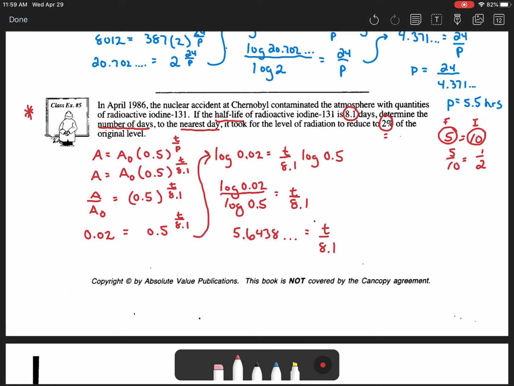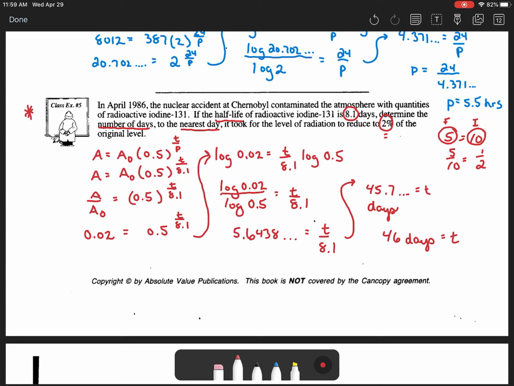And then to isolate T, I'm going to multiply both sides of the equation by 8.1. So that will give me 45.7, etc. equals T. And remember, those are days. Now, they said to the nearest day, so 45.7 to the nearest day is 46. So 46 days is equal to the length of time in this question.